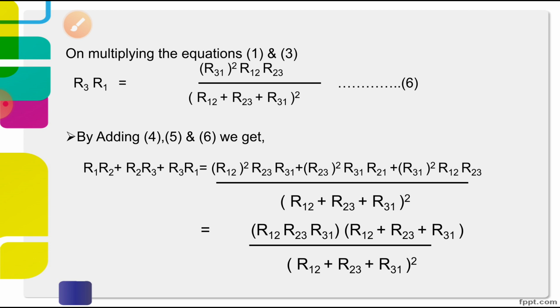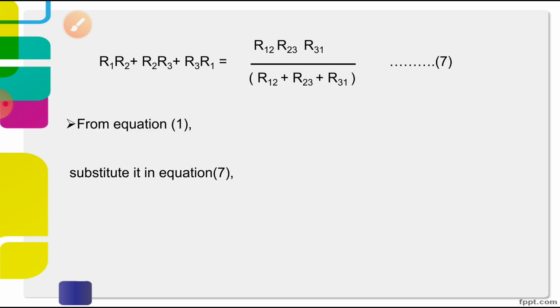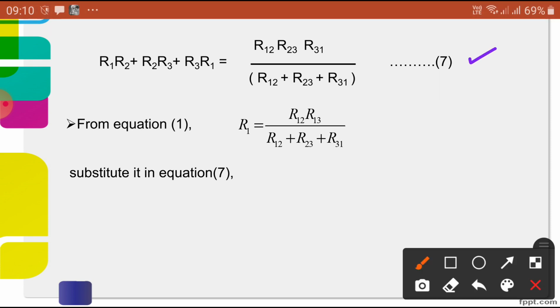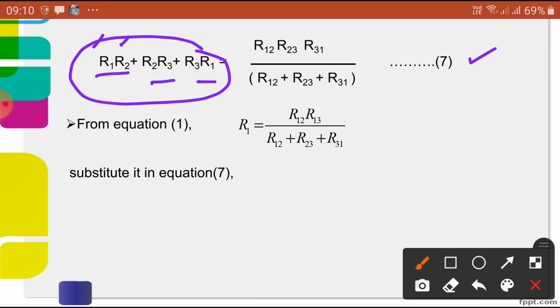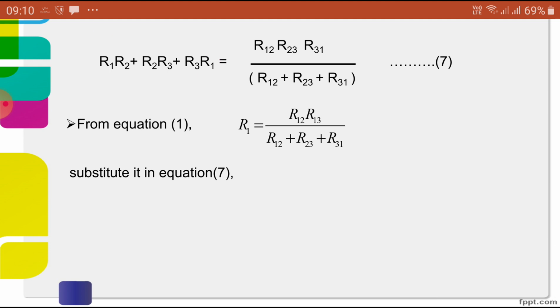Okay, now same value. What is this value? So substitute the first equation. What is the first equation? R1 is equal to R12 R31 by R12 plus R23 plus R31. Now you can simply see, you got the equation summing all values, R12 known, R1 known, R2 known, multiplying, in the first case we are going to get R23 and the sum of all values, simple.